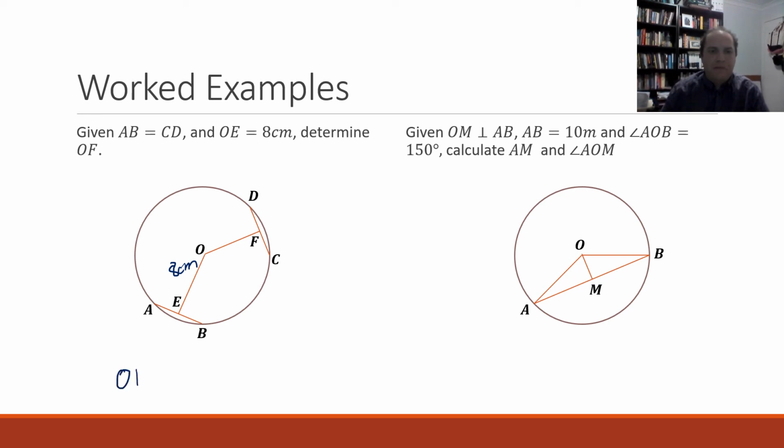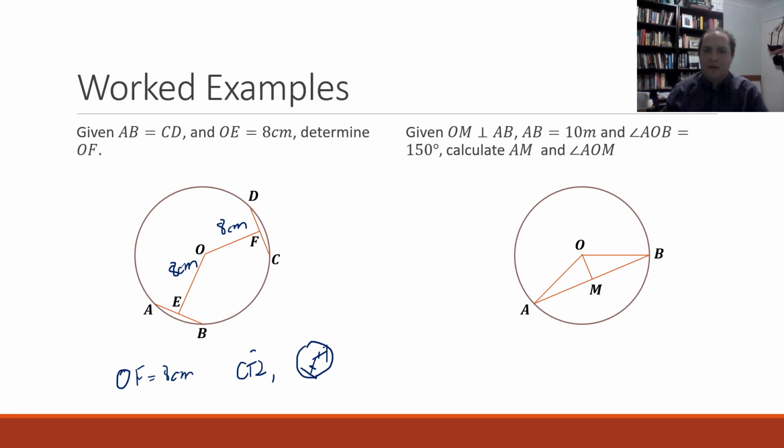Well, we know OF must also equal 8 centimeters because of chord theorem 2, or we can use our symbol where we've got our two chords and they're equal length, so they must be equidistant from the center. That's our second chord theorem. Chords of the same length, like AB and CD, we're told they're the same length, are equidistant, the same distance from the center.